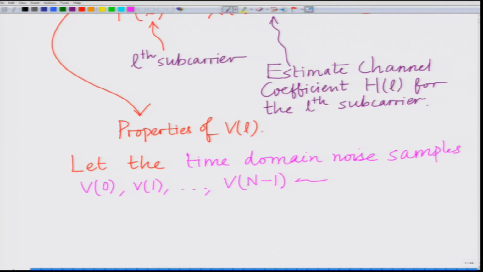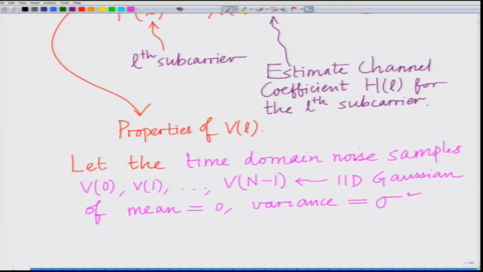Let these be IID Gaussian of mean equal to 0 and variance equal to sigma square.